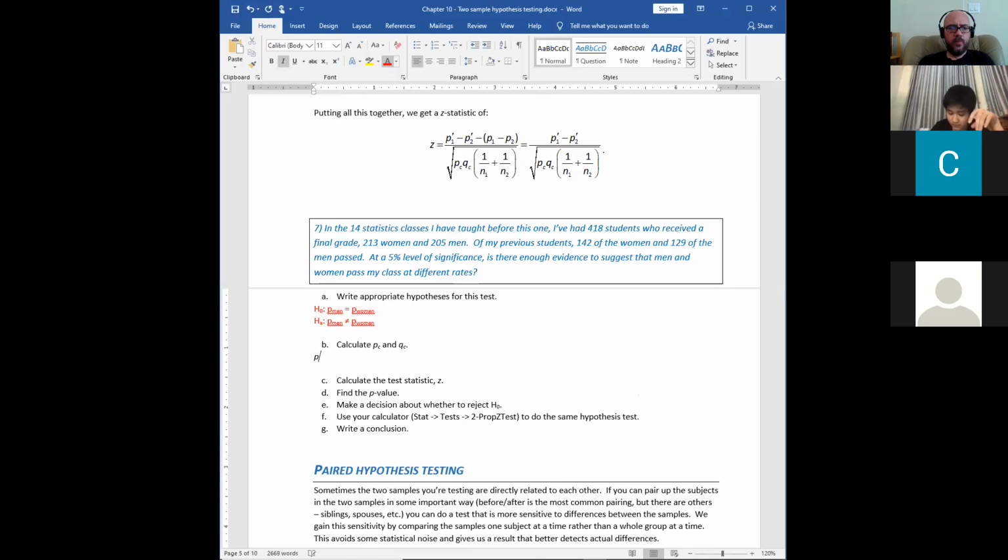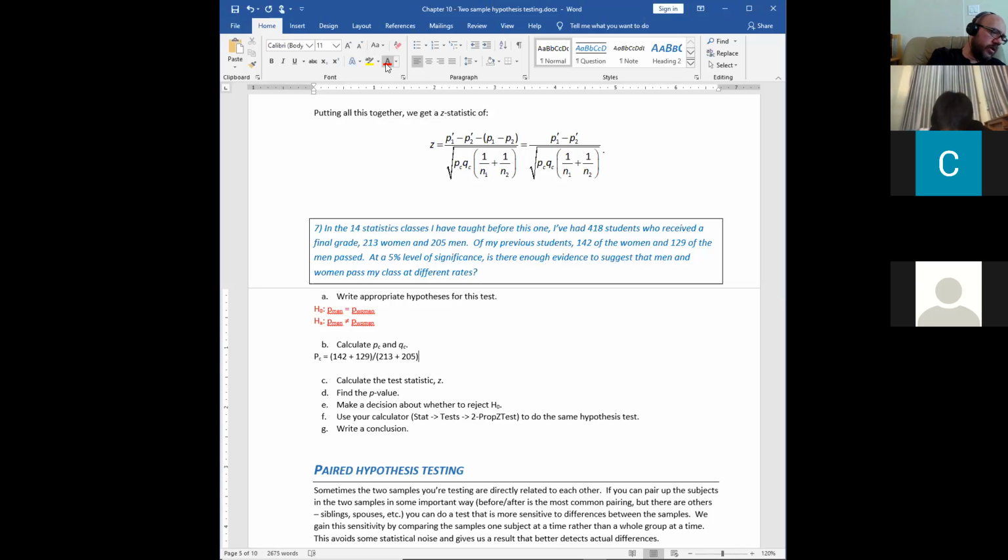So PC equals total number of successes, which is 142 plus 129, all divided by the total number of samples, which is 213 plus 205, which I don't know what that is.